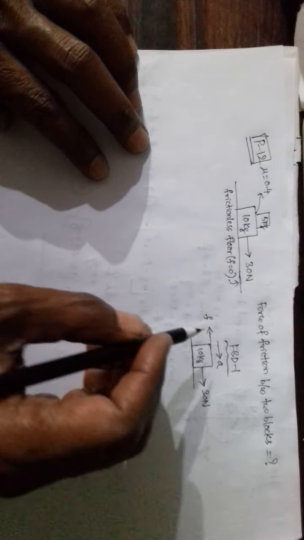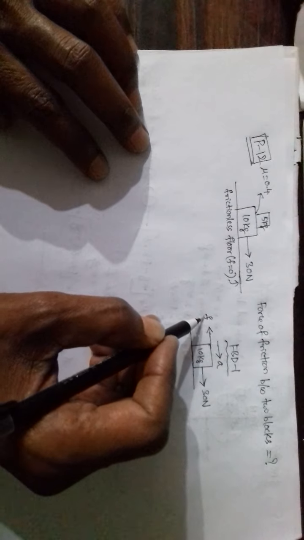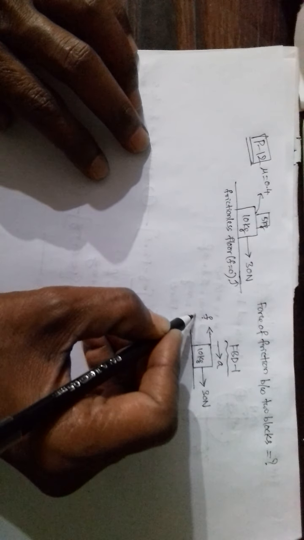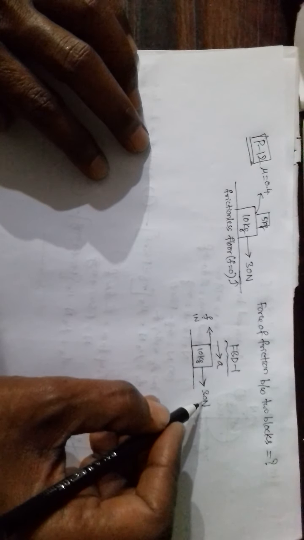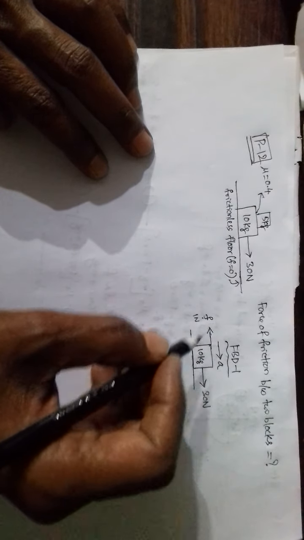What is the net force to right hand side? 30 minus F. So this force is less. Suppose this is some 1 Newton and this is 30 Newtons. So in this direction net force will be 29 Newtons. So under 29 Newtons this block will be accelerated, and that acceleration is a.